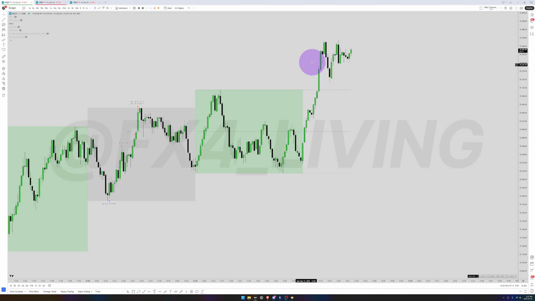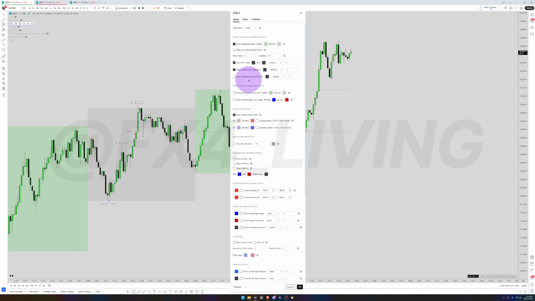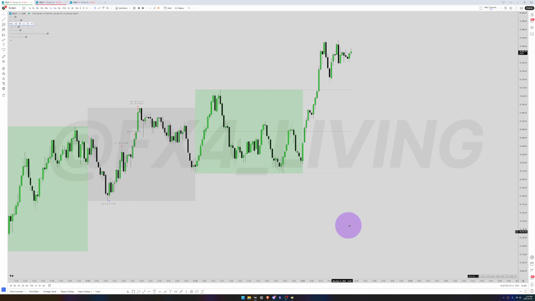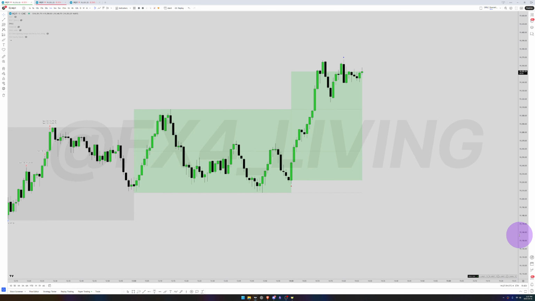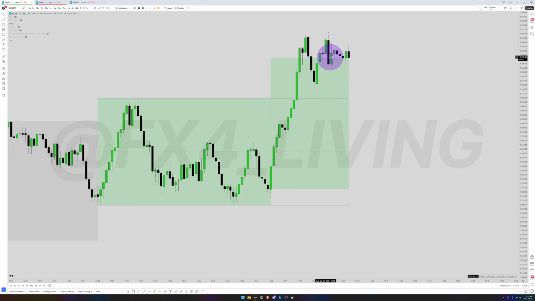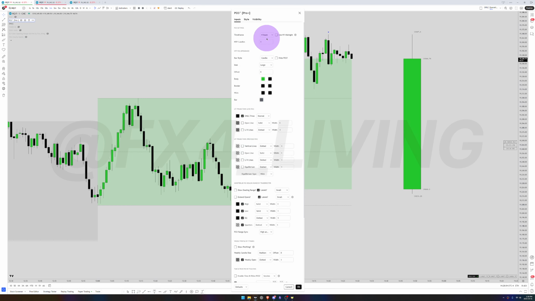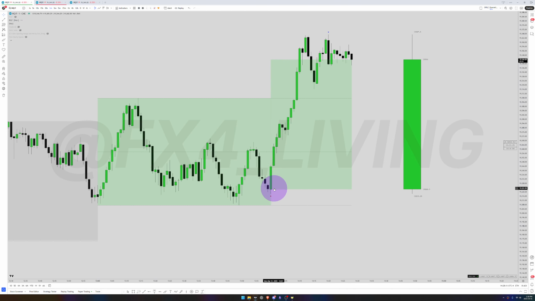The cool thing as well is you can turn on this setting right here, show background open box, and the fractal highs and lows. Look at this magic thing. This is your current 1 hour time frame body. If I turn on the power of 3 again right here and apply a 1 hour, I mean, I don't need the 1 hour because it's the same hour, but if I put 1 hour right here, it's going to plot this candle, but seen from the body.